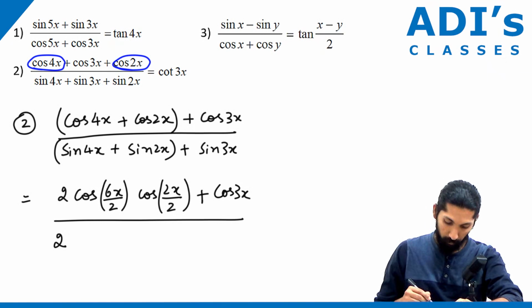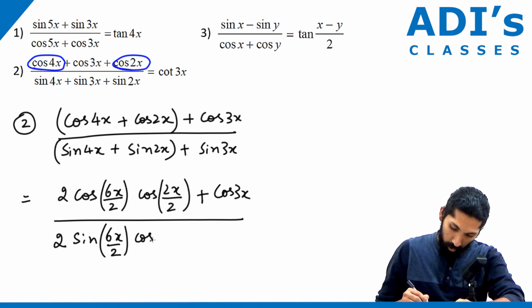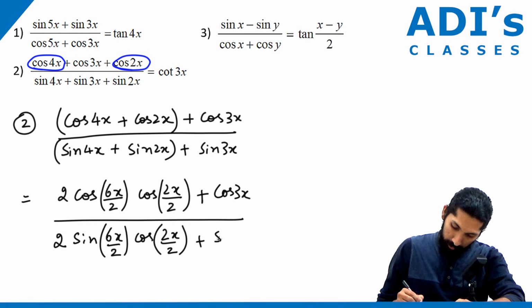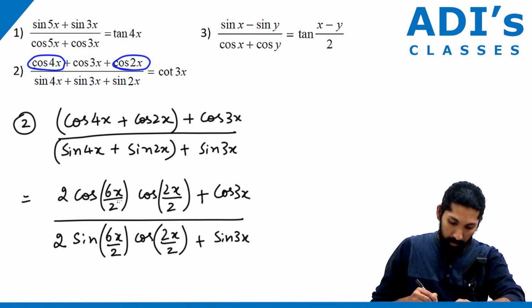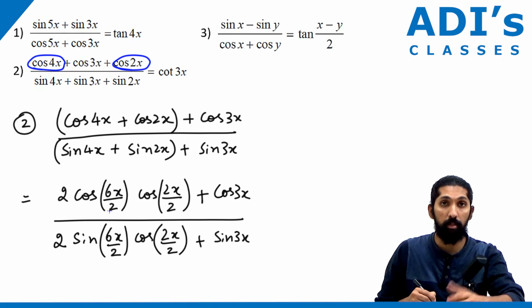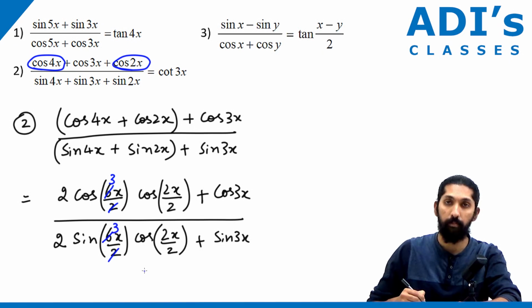Correct? So 2 sin 6x by 2 into cos 2x by 2 plus sin 3x. Now here 6x by 2 is nothing but 3x. So here you can make this as 3. Here also you can make this as 3.